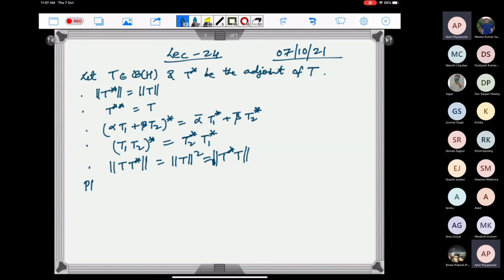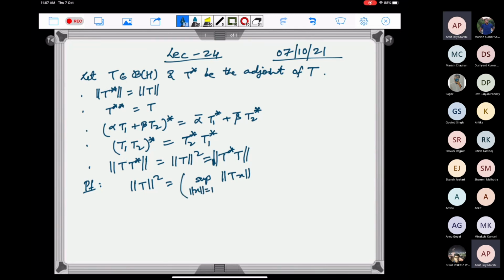So let's quickly prove this one. If you take norm of T star T, let's start with norm T square. Norm T is equal to the supremum of norm Tx, where x is such that norm x equal to 1.